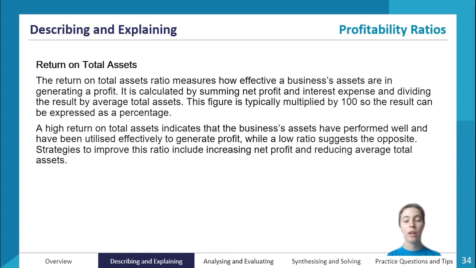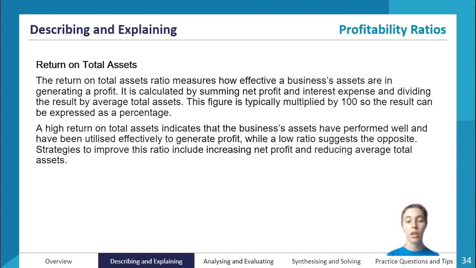So you can add together the net profit and interest expense and divide the result by average total assets. Again, those average figures are always made up by adding the previous year and the current year's figures and dividing by 2 to find that average.